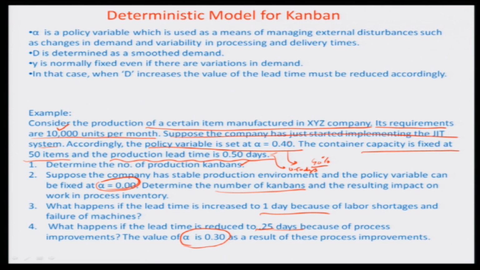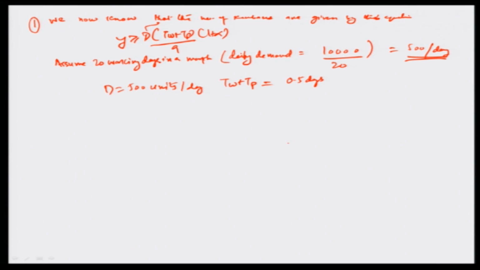So, production lead time. Then the number of Kanbans that you should have should be equal to or even more than this, at an operating policy variable alpha of 40%, which is the overstocking situation.